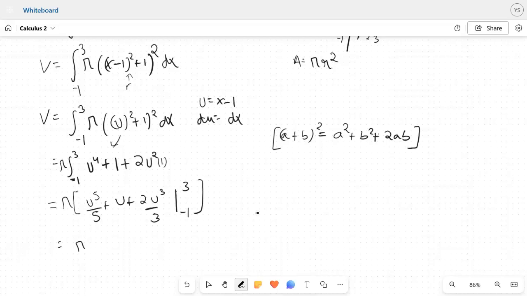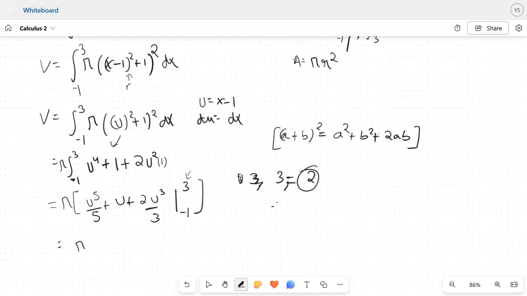Okay, now since we changed these values, remember we u subbed. So when we're doing u sub, we always have to make sure our bounds of integration are also changed. So when x equals 3, the right side is going to equal 3 minus 1, which equals 2.